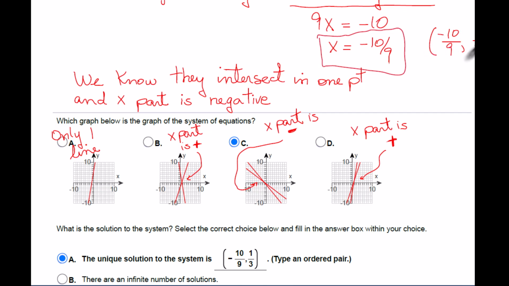Yeah, see, both of my x's are negative. So it can't be this because it's crossing at a positive x, positive x. This is a minus x and it's way down here. Let's see, how big is a minus 10/9? Well, a little bigger than 1, but certainly less than 2.